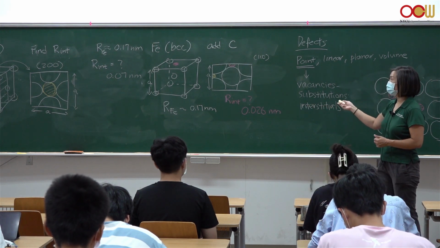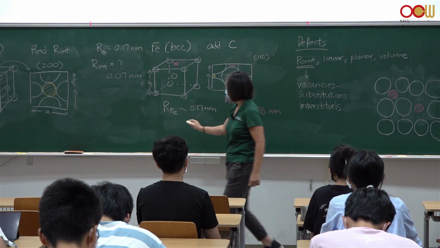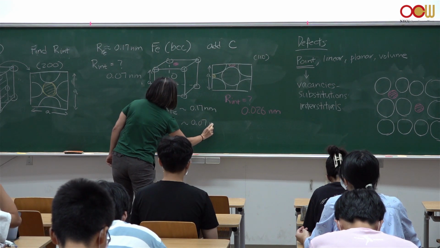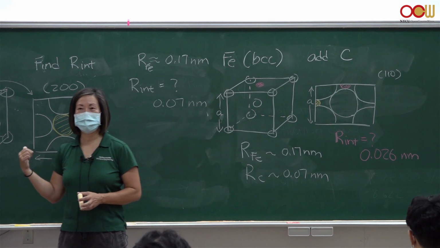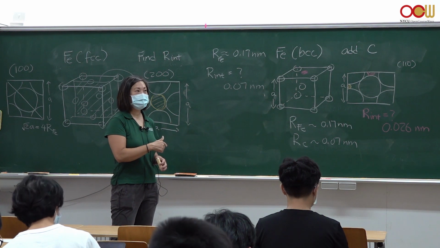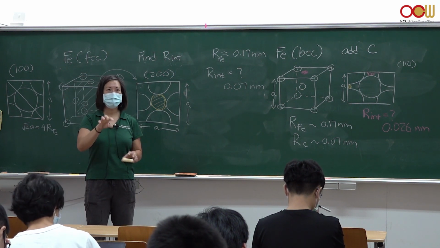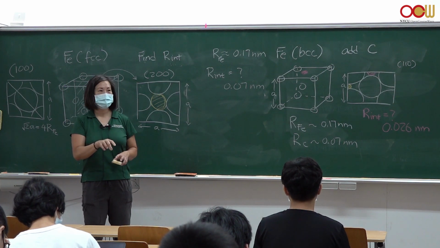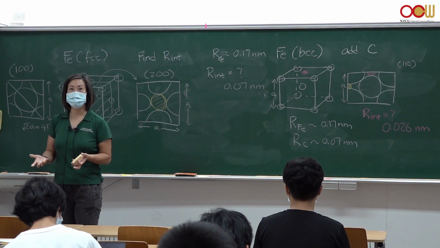Doesn't fit so well into the BCC site, but our carbon is around 0.07 nanometers. But carbon fits really well into the FCC site. So it's much easier to put carbon into the FCC structure than it is to put it into the BCC structure. BCC, it doesn't quite fit in the substitutional site and doesn't quite fit into the interstitial site. But in the FCC, it fits really well into the interstitial site.